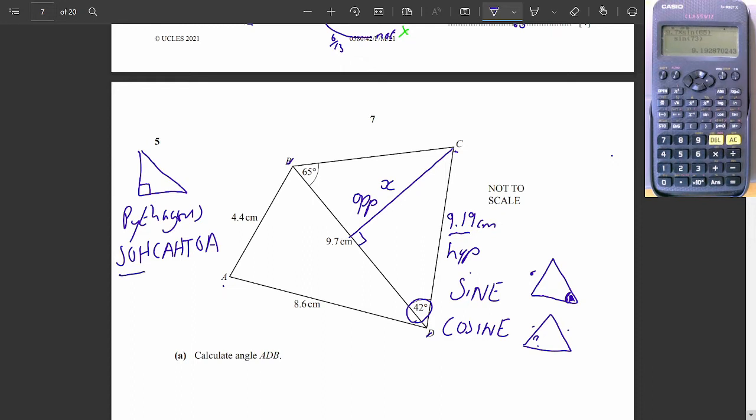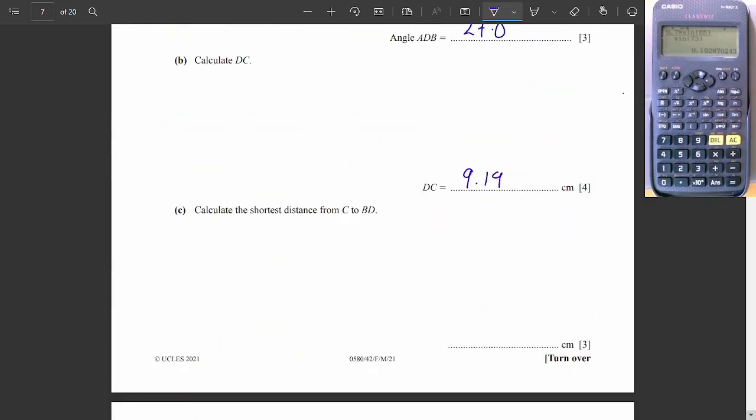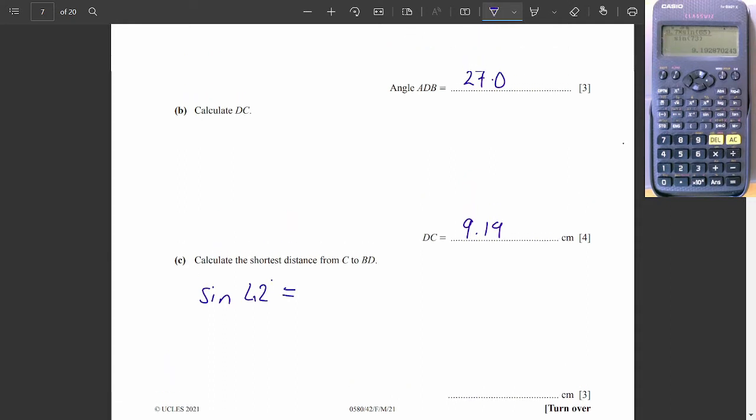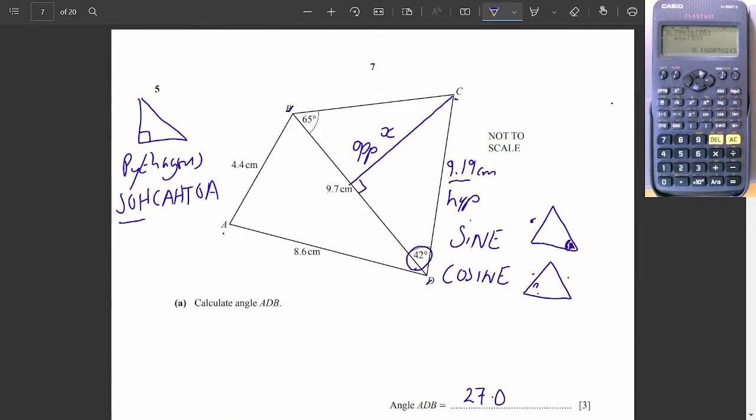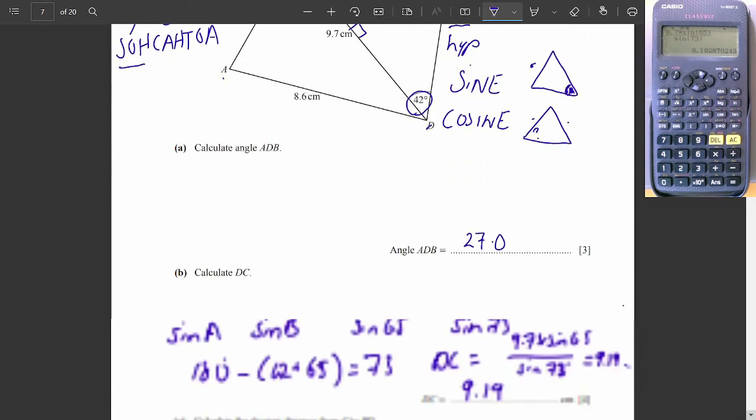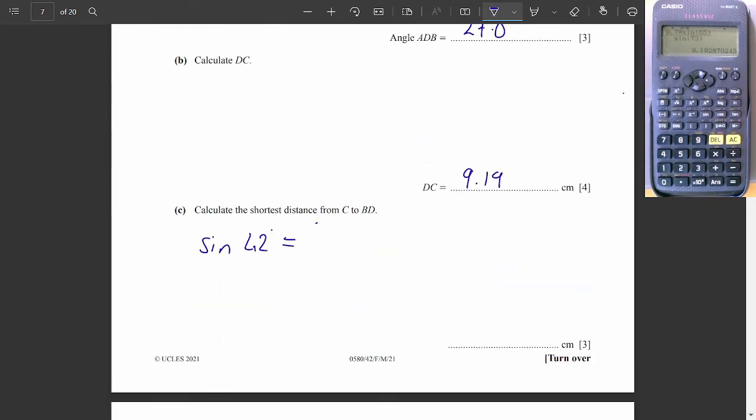So let's write that down. Let's go back down here. So the sine rule is the angle we're using, which is 42, equals the opposite side, which we've labeled X, divided by the hypotenuse, which is 9.19. So we're going to have X divided by 9.19.